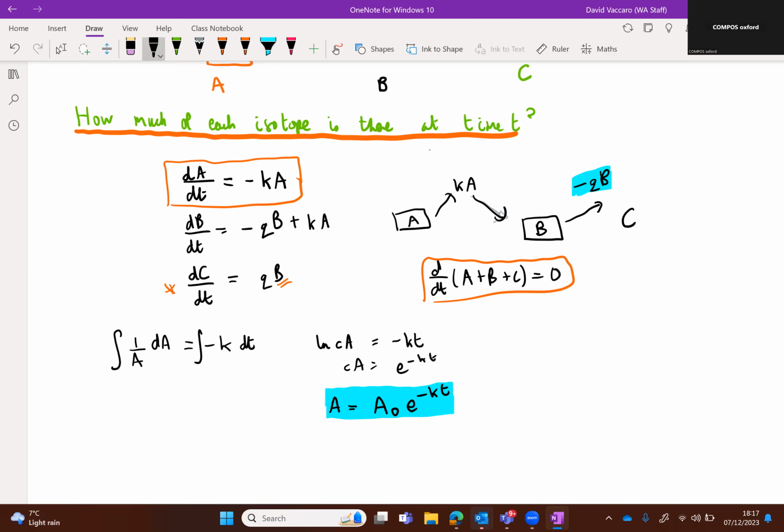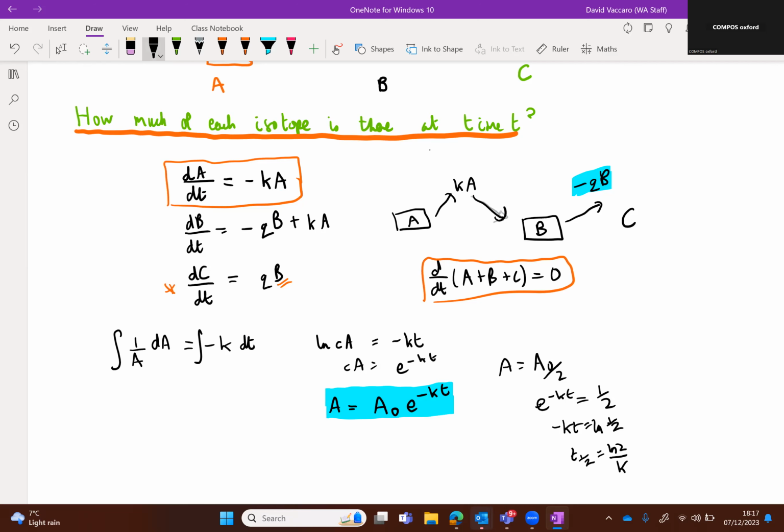So if I wanted to solve A is equal to A0 over 2, I would want e to the minus KT to equal a half. Then if I take logarithms of both sides, I get minus KT is equal to natural log of a half, which simplifies to the half-life being natural log of 2 over K. So I can relate the decay constant K to the half-life.